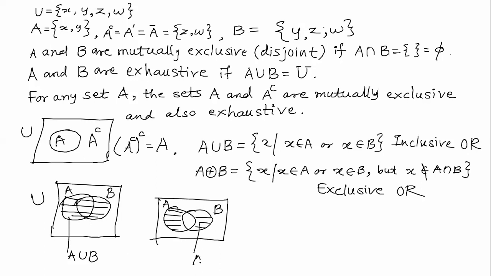This is A ring sum B. And there is one concept of A minus B also. A minus B is a set which contains all x such that x belongs to A but x does not belong to B.